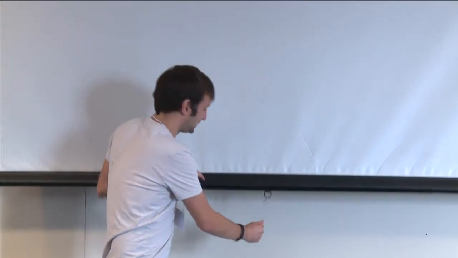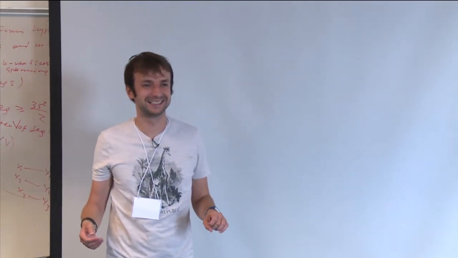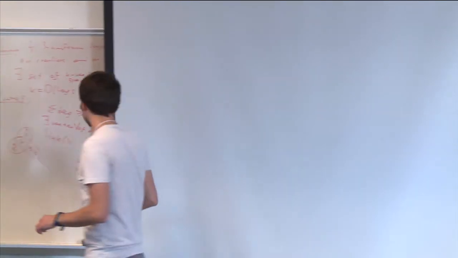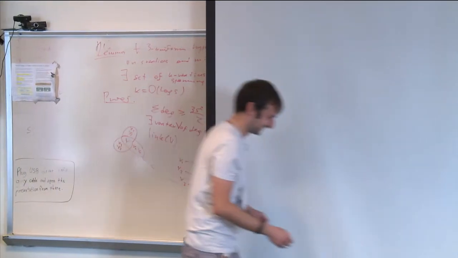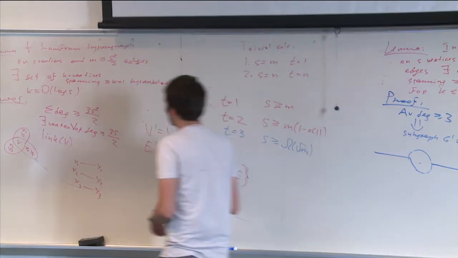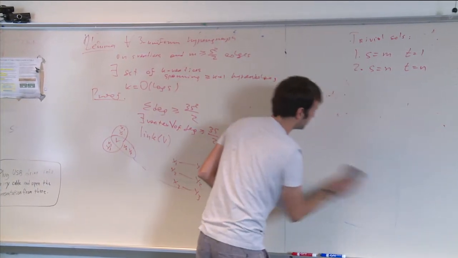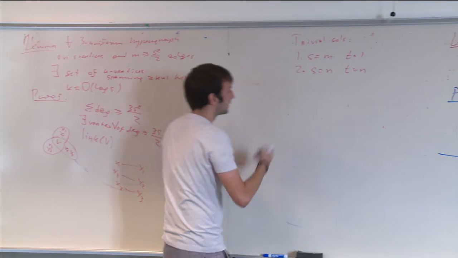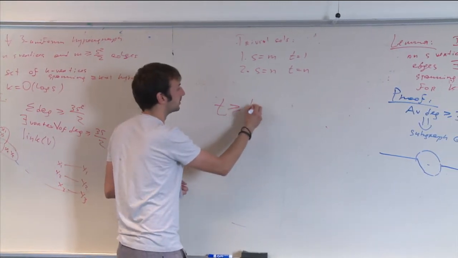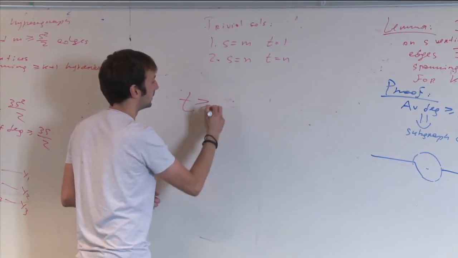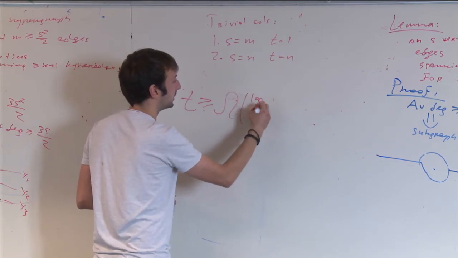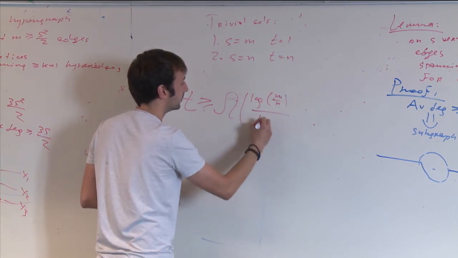Just to make sure. Before you said it's tight, and then you improved it a little bit. So it wasn't completely tight, and now it is. There are two ways to write the self-sampling bound. One is as a function of s, one is as a function of t. t is at least log of m over n divided by log of s over n.